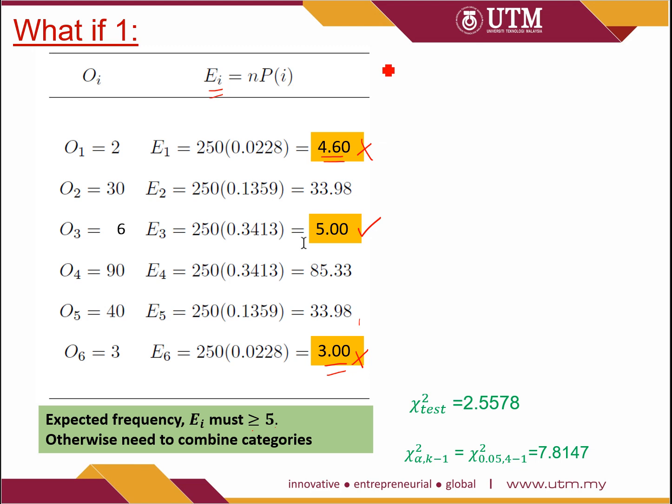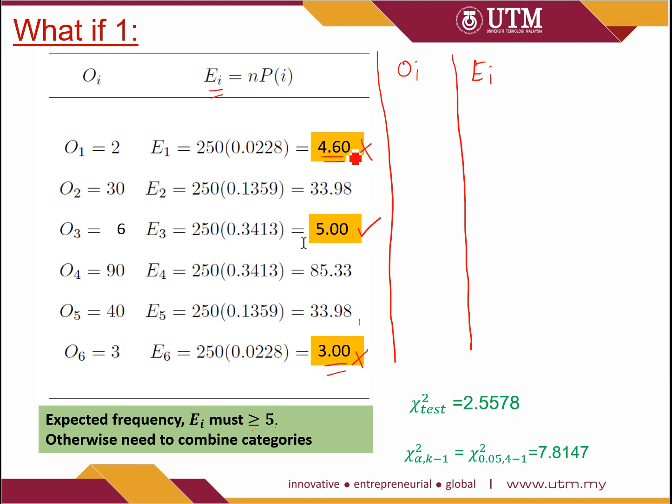So how to combine the categories? Now we have our OI and our EI. To combine the categories, you need to combine the one with value below 5 with the category that is nearest to it.